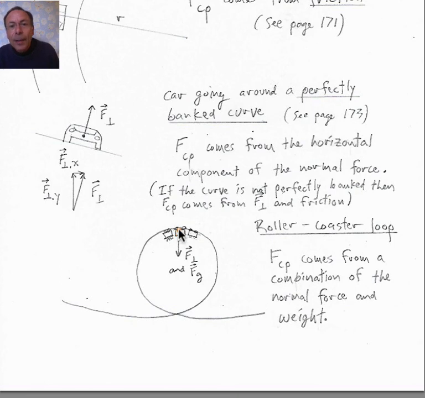There's the track here. The track provides a normal force this way, plus gravity, which is also helping. And so it's a combination of the normal force and the gravity that is providing the centripetal force when you analyze this thing.